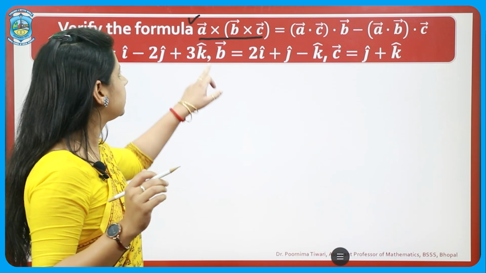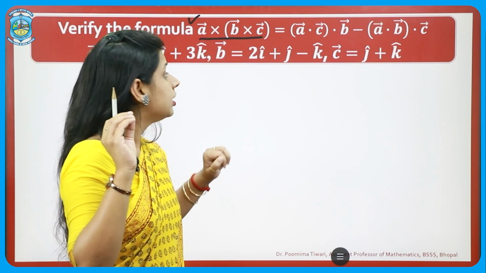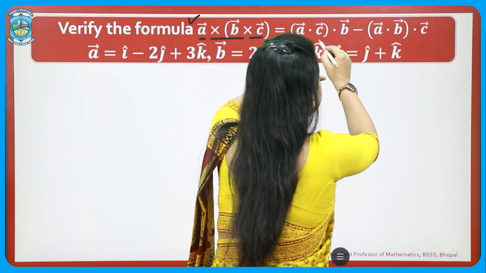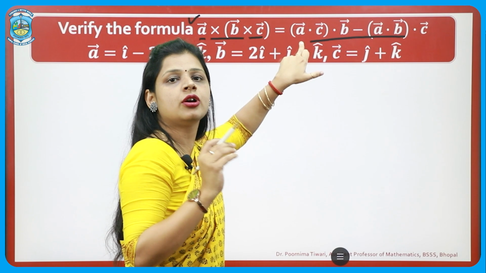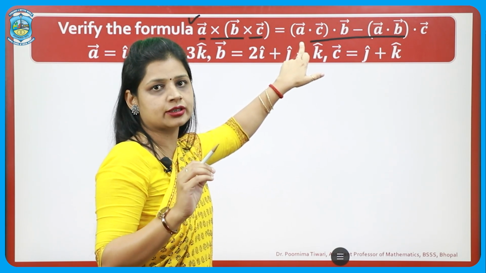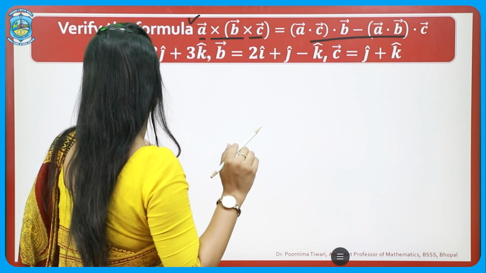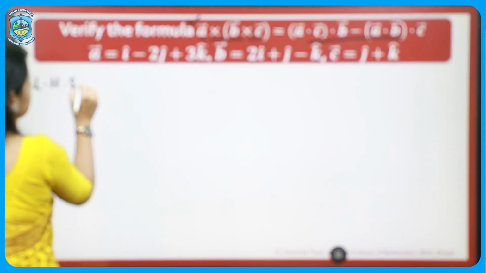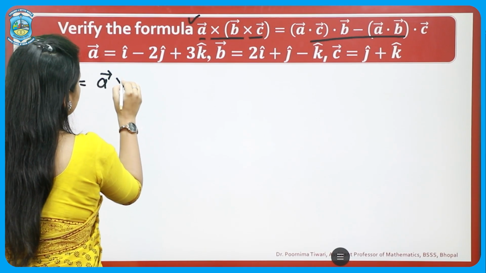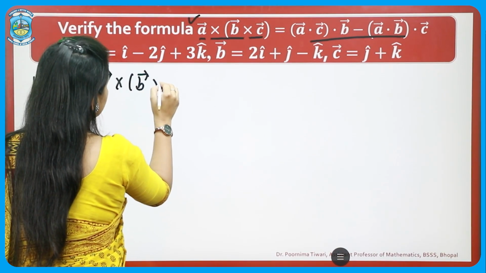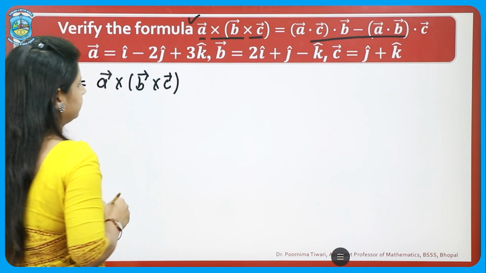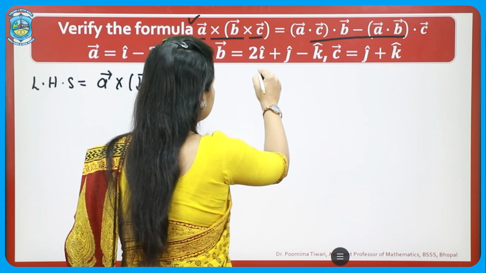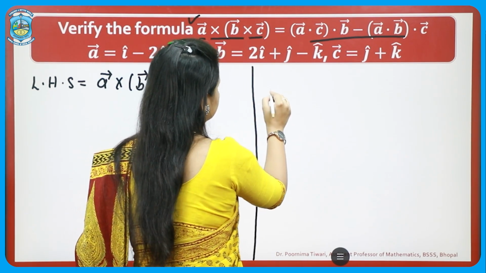First, we will solve the left hand side by taking the usual cross product, and then we will solve the right hand side by using the dot product of two vectors. So, the left hand side of this question is A cross (B cross C). Now, to calculate this value, first we will solve B cross C.